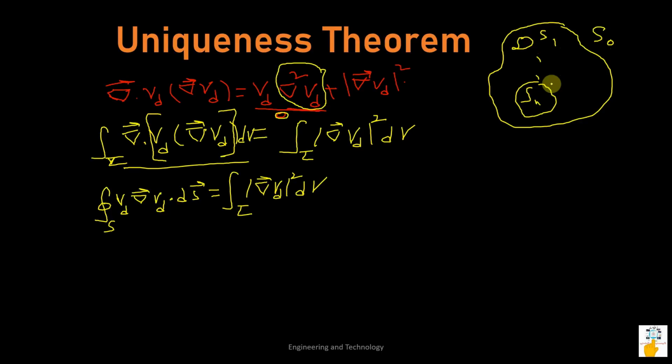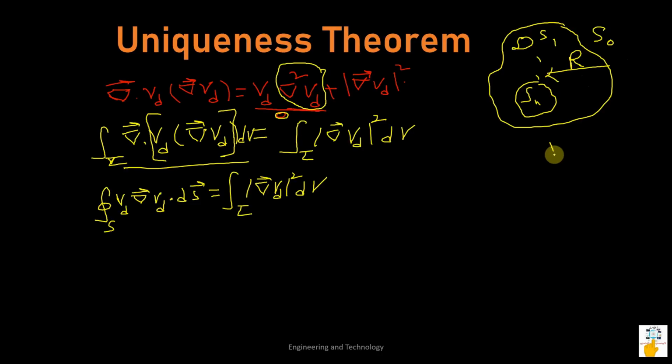Now we assume that this surface S naught is the surface of a very large sphere. This is a very large sphere having the radius r.